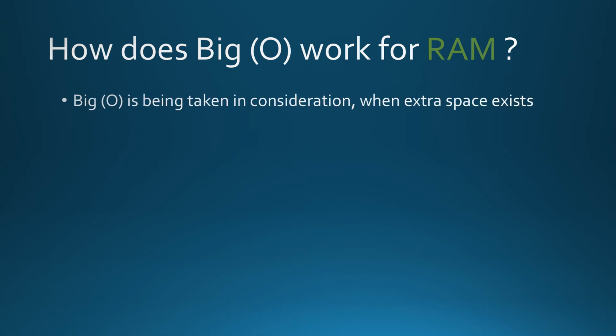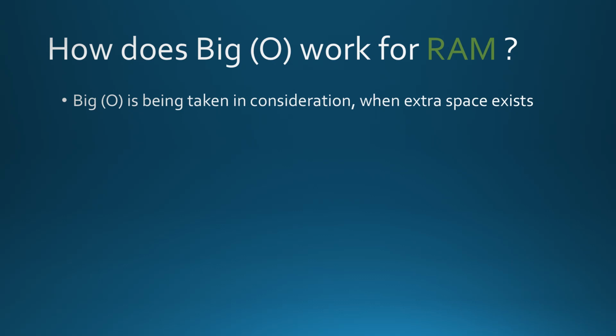Big O is only considered when we're using extra spaces, and we don't work with what is given to us.